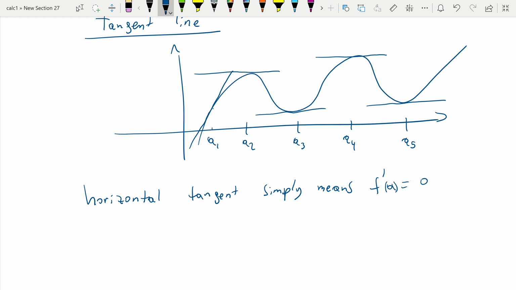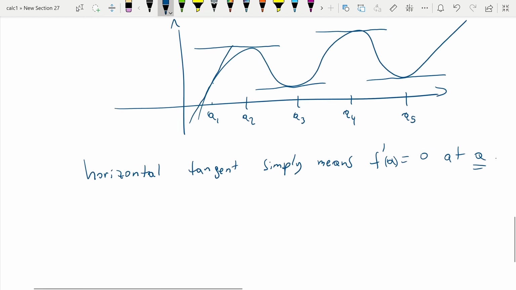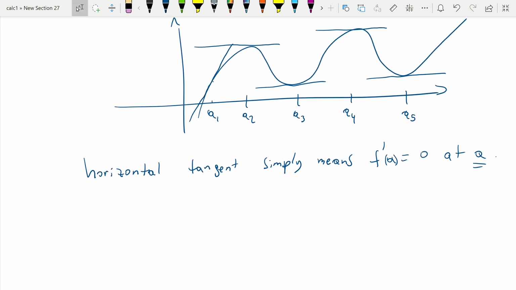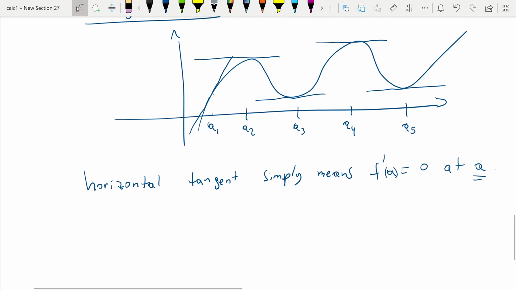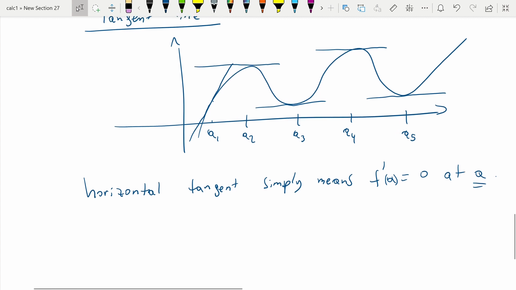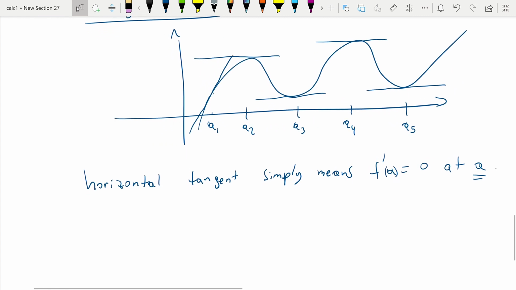So at the point A, if the derivative is 0, you say that there's a horizontal tangent line. And that's all that is. So let me see if I'm forgetting anything. So horizontal tangent, yeah, it's just this. So whenever f prime is equal to 0.